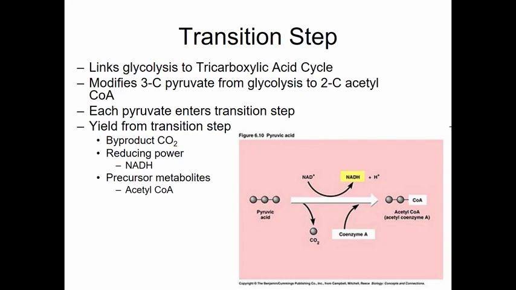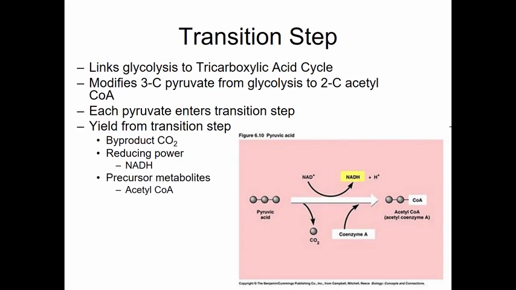So we're breaking this down. In the end, the carbon goes into making carbon dioxide. It gives off carbon dioxide as a byproduct. Also, because we're giving off that carbon and we're oxidizing, we're gaining reducing power.